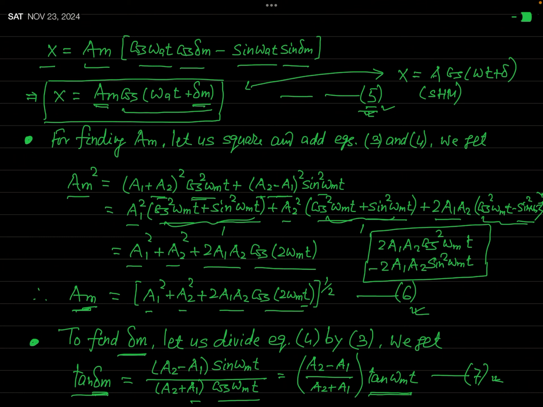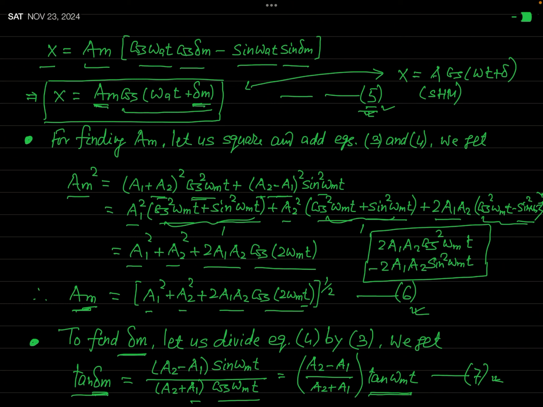But in our calculation, both A_m and delta_m are functions of time, they will vary with time. Therefore, although the form of equation 5 is just like the equation of SHM, in actual sense, due to the time dependence of A_m and delta_m, this equation does not represent a harmonic oscillation.